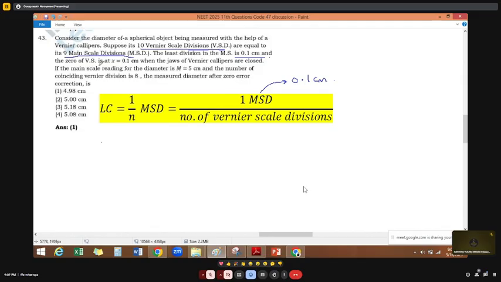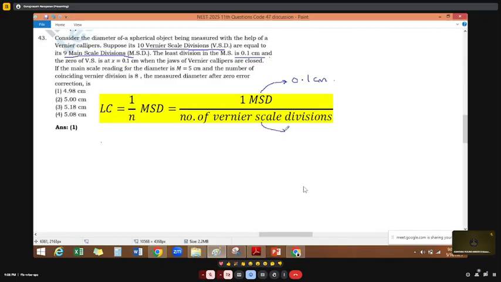And the zero of the vernier is at x equal to 0.1 centimeter when the jaws of the vernier calipers are closed. If the main scale reading for the diameter is 5 centimeter and the number of coinciding vernier division is 8, the measured diameter after zero error correction is.